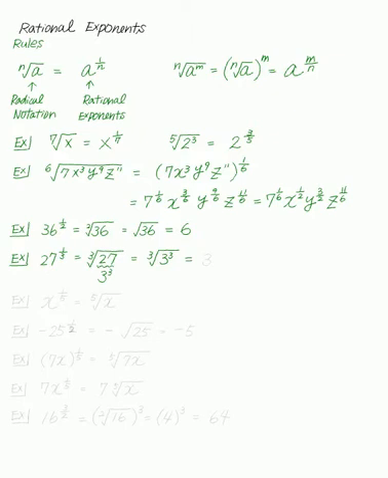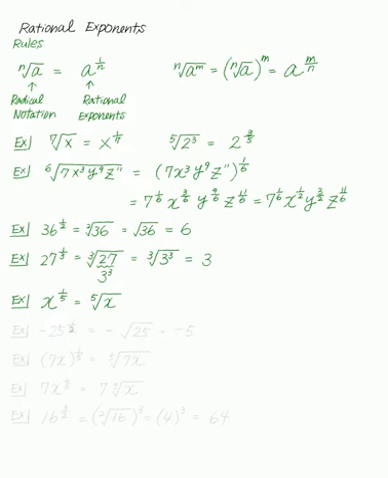And we'll notice this becomes 3 to the 3 over 3 power, which just becomes 3. Next example. We have x raised to the 1/5 power, which becomes the 5th root of x.